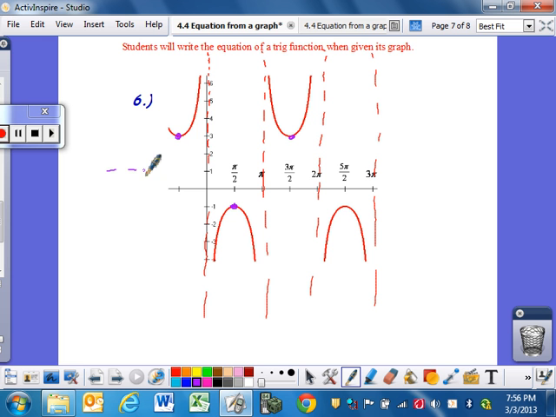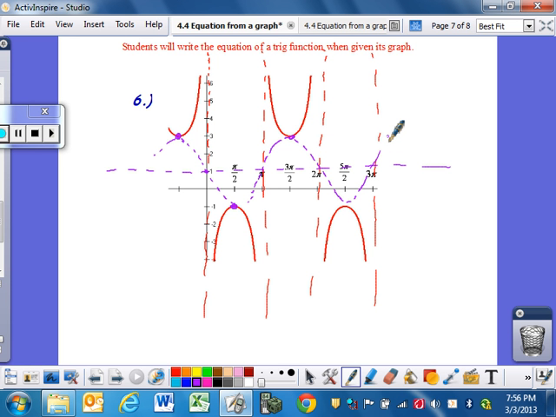Your middle line looks like it's at 1. So I know that my original curve, if I can do this correctly, looks like that. Well, what does that kind of look like?